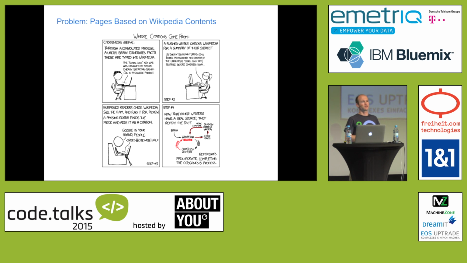One problem that we encountered was, so remember what we wanted to do. We wanted to get facts from Freebase into Wikidata, and we wanted to find sources for them. The problem was Freebase has as sources oftentimes Wikipedia. But now many web pages, it turns out, are based on Wikipedia pages. So yeah, citogenesis starts. This guy invents some fun fact that he enters into Wikipedia because everybody can edit it.